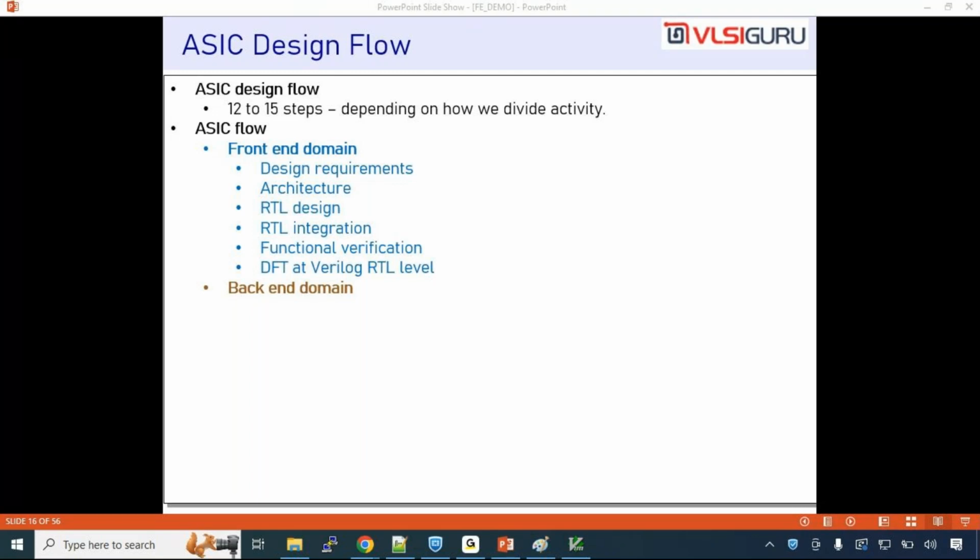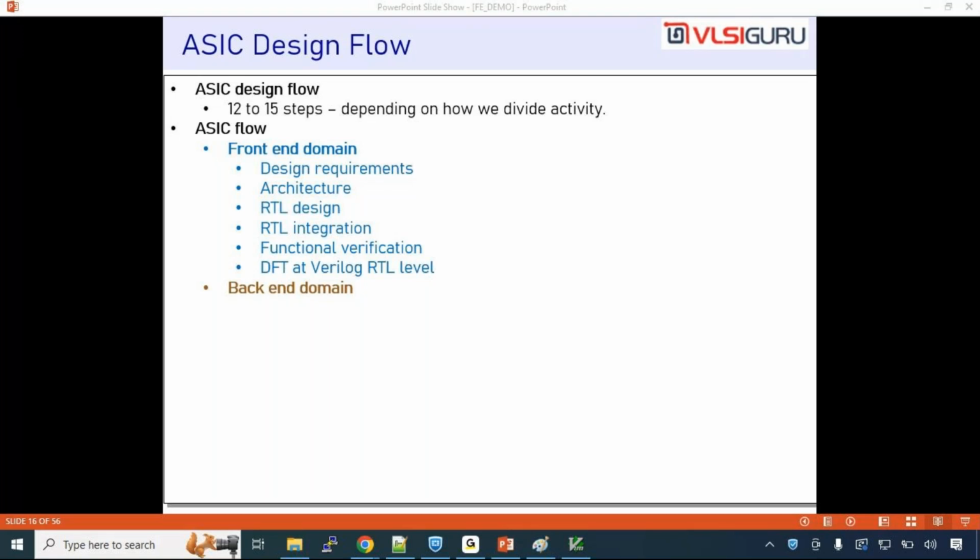Where hardware and software differ is at the backend domain. In software, there is no need to manufacture the chip. You can directly deploy the software into the system. Whereas in hardware, you have to convert your Verilog code into the chip.